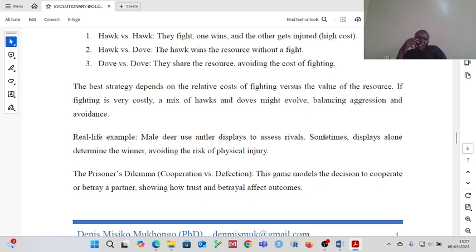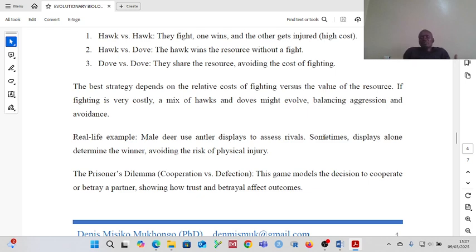So let's look at this real life example where there is a male deer which uses antler displays in assessing rivals. So sometimes displays alone will determine the winner. Okay?